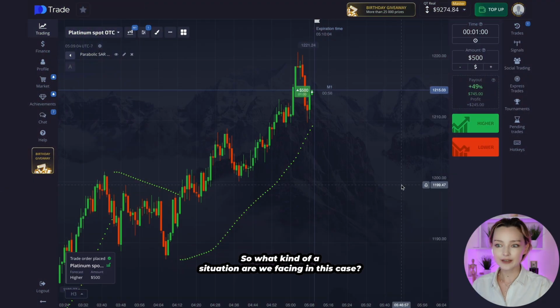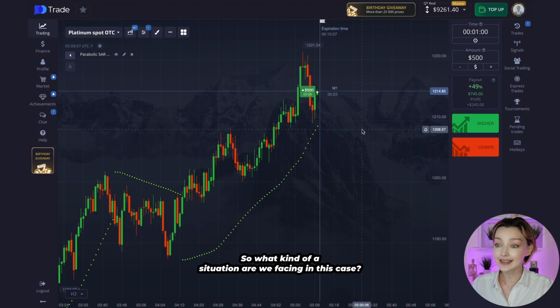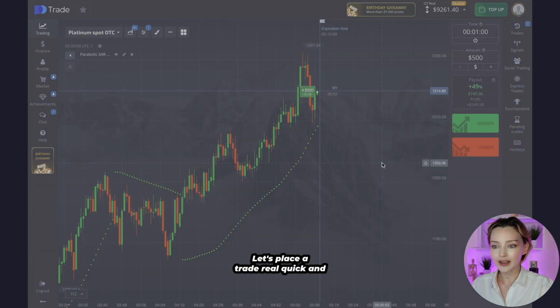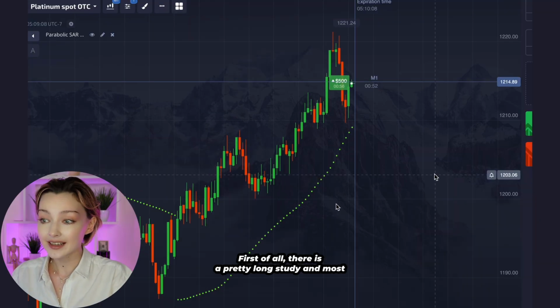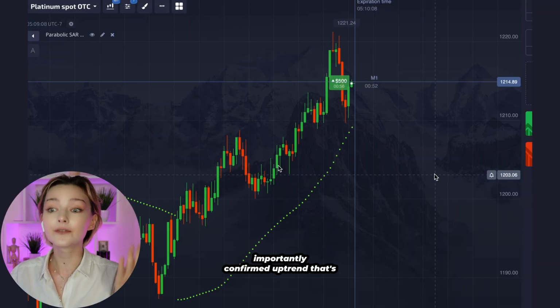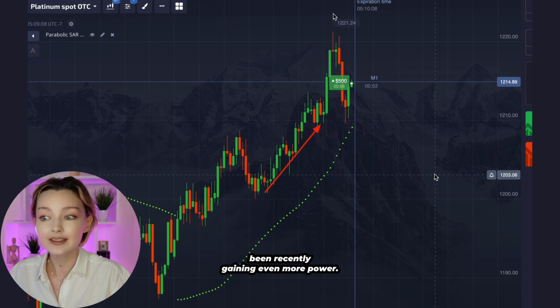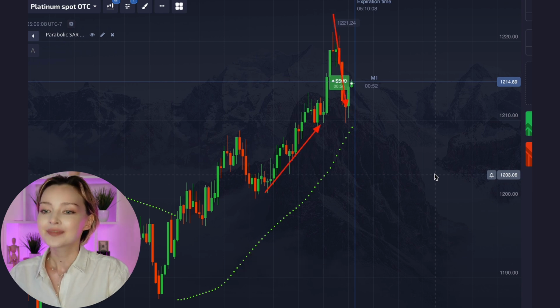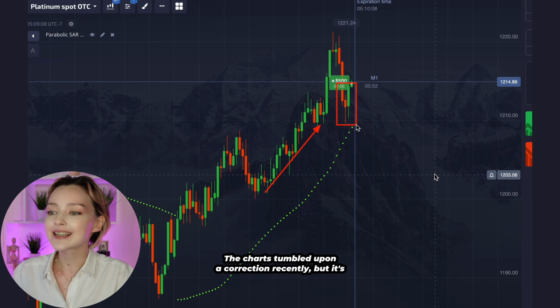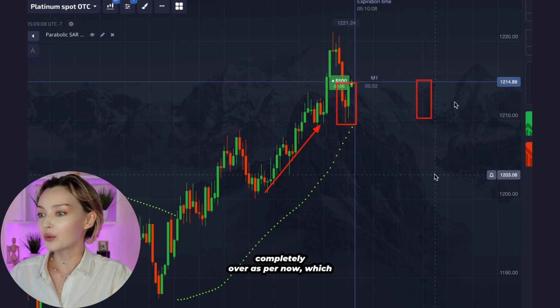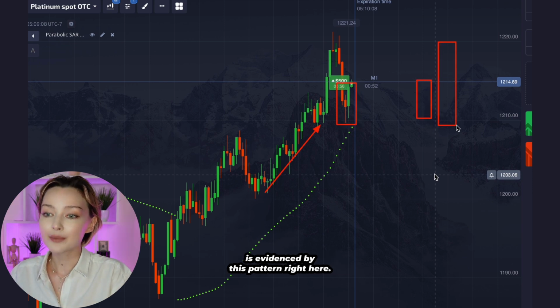So what kind of a situation are we facing in this case? Let's place a trade real quick and I'm going to try to address the situation. First of all, there is a pretty long, steady and most importantly confirmed uptrend that's been recently gaining even more power. The chart stumbled upon a correction recently, but it's completely over as of now, which is evidenced by this pattern right here.